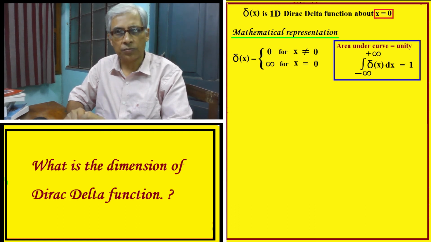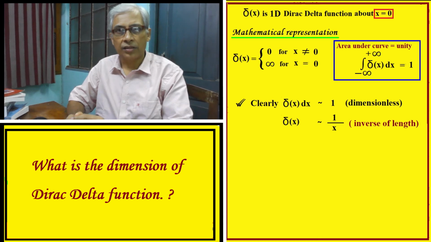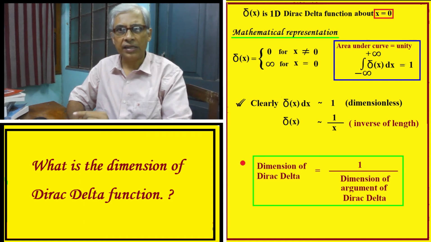To solve this problem, that is, in order to find the dimension, let us focus attention on the area integral in the box with blue outline, the right-hand side of which is unity, and the number 1 has no dimension. So essentially we have product of Dirac delta of x and d of x on the left side and 1 on the right-hand side.